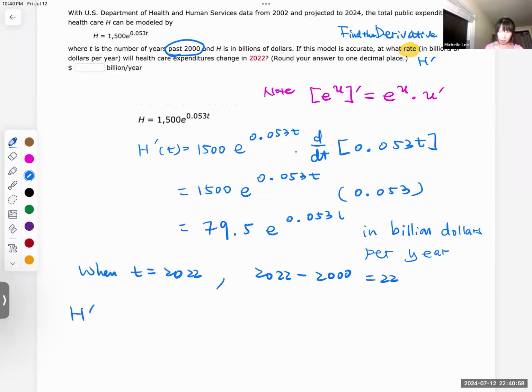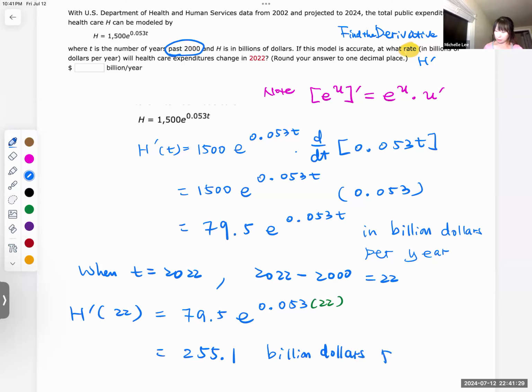So h prime of 22: we have 79.5 e to the 0.053 times 22. So we have $255.1 billion per year.